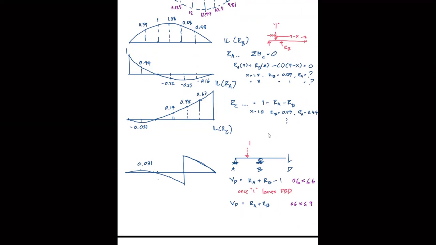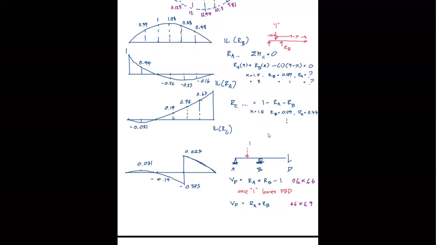This is minus 0.14. This is minus 0.375. This is 0.625. It has to be 1, right?